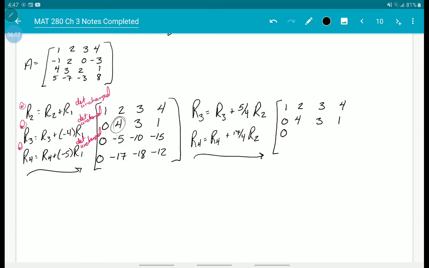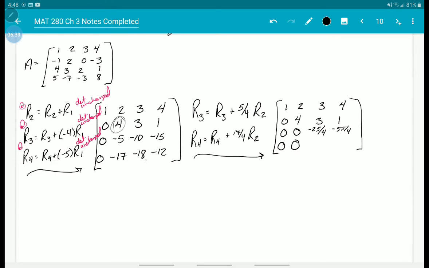So negative 5 plus 4 times 5/4 is a 0. Negative 10 plus 5/4 times 3 is negative 25 over 4. And then negative 15 plus 5/4 times 1 is negative 55 over 4. And then if we compute that last row, we're going to have a 0, 0.